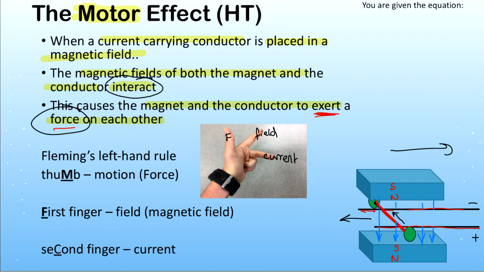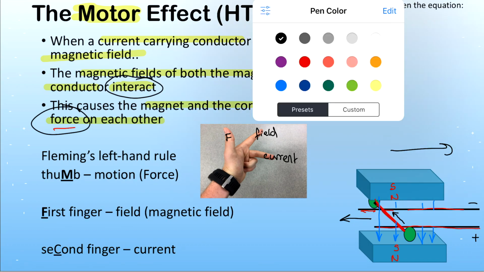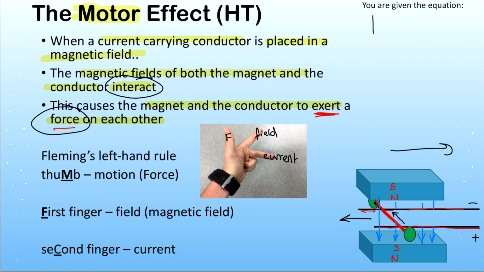To explain this a little bit more, we have an equation that we're given. This one is on the equation sheet, as I say, we don't need to learn it, which is F equals B times I times L. Now, in this, the force of the movement, which is in newtons, is equal to B, which is actually the magnetic flux density, measured in Tesla, like the car.